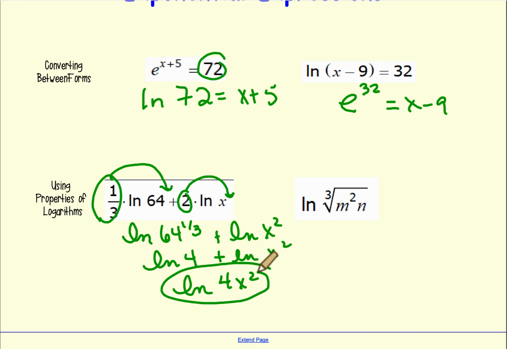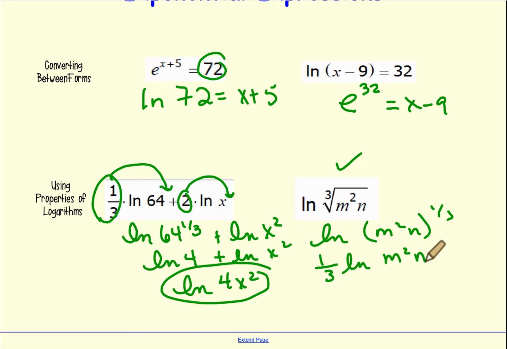So if I was expanding a logarithm with a base of e, I would first go ahead and rewrite this natural log of m squared n to the 1/3. The 1/3 becomes the coefficient. Now I'm going to use my product property, natural log of m squared plus natural log of n.